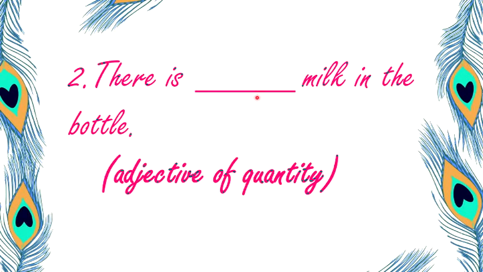So, what can be here? There can be many options. Yes, you got it right. There is little milk. There is some milk in the bottle. There is much milk in the bottle. Like this. It can be even, there is no milk in the bottle. Yes, you can take any of these words. Let us move next.